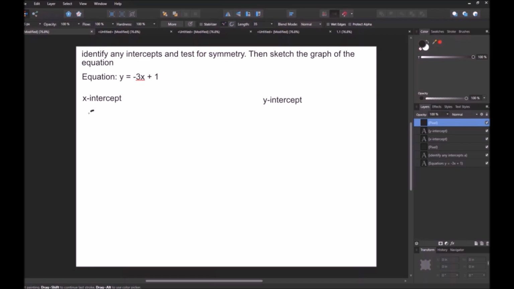So we have 0 equals negative 3x plus 1, and then we subtract 1, and we have negative 1 equals negative 3x, and we're trying to get x by itself here. So then we divide by negative 3, and a negative divided by a negative is a positive, so we get the x-intercept is 1/3, 0.